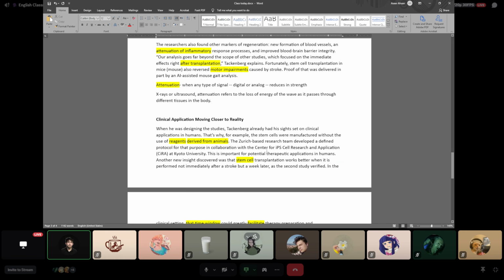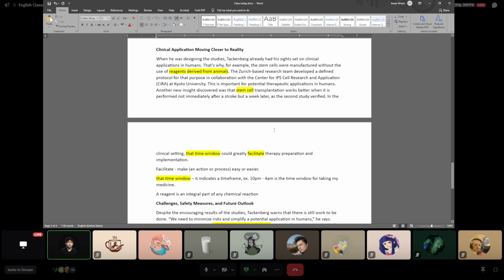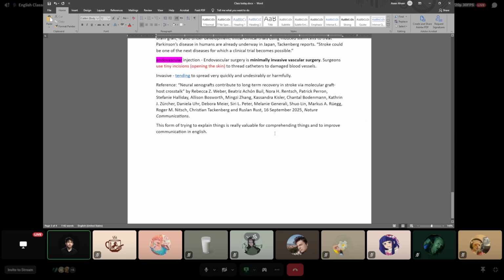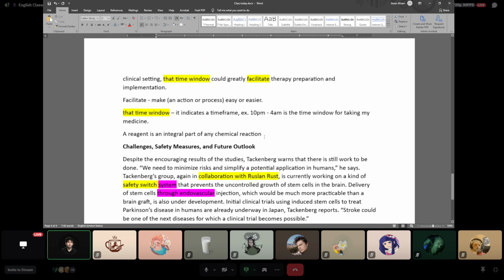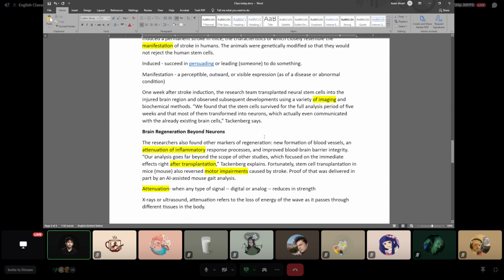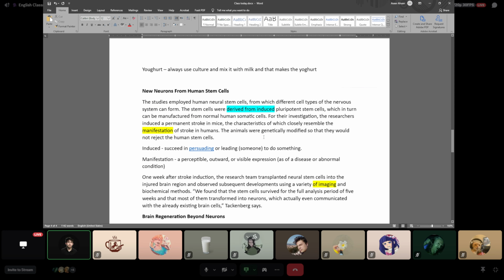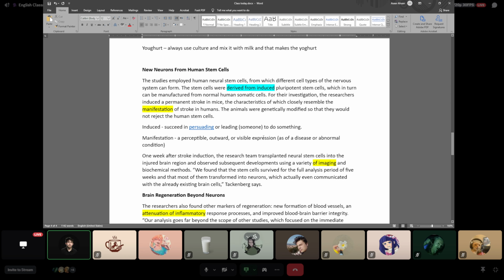Also, I think in the future we will be able to make ourselves younger by applying something on those cells.